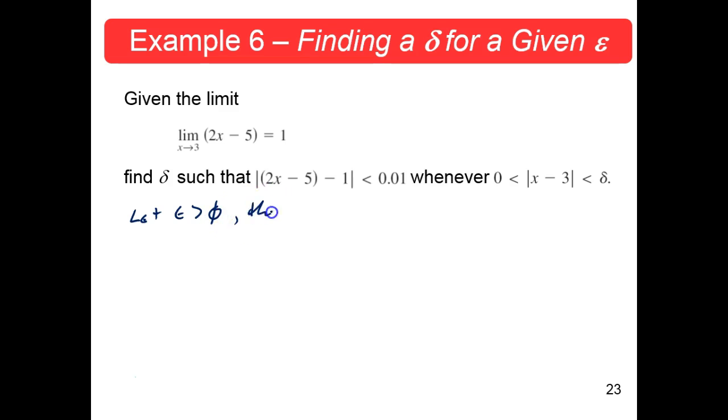Then there is some delta greater than 0, such that, and I like to abbreviate as much as possible with vertical lines, for every x such that 0 is less than the absolute value of x minus 3.